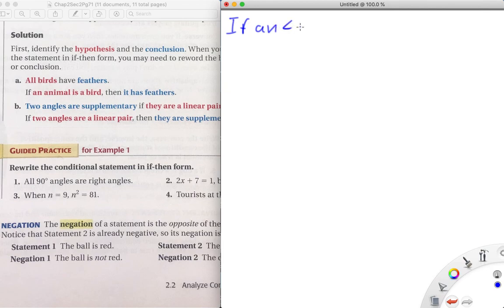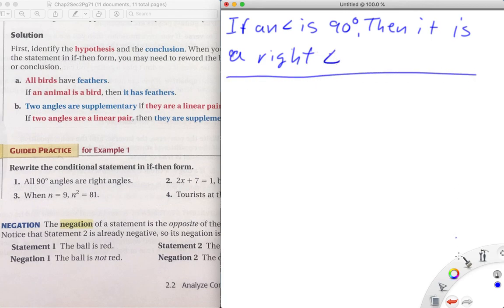If an angle is 90 degrees, then it is a right angle. Alright, that's one conditional statement.